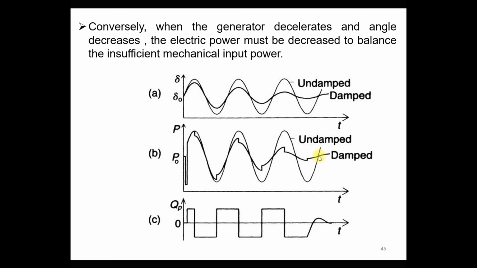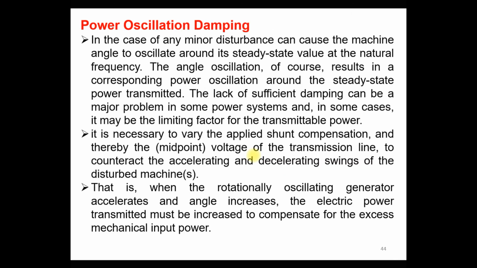At that time the active power also regains its normal power P0, and at the same time the reactive power injection or absorption by this compensation also becomes 0. So based on this injection and absorption of the reactive power, you can wipe out the oscillation in the system and reduce the power oscillation so that it cannot create any abnormal conditions. So this is all about the power oscillation damping. This power oscillation damping is provided by the STATCOM as well as the SVC.